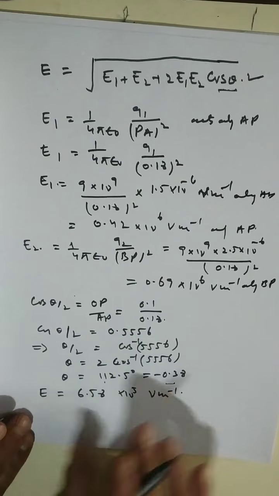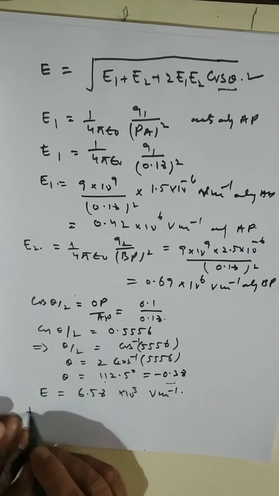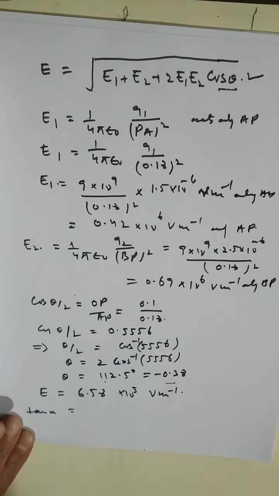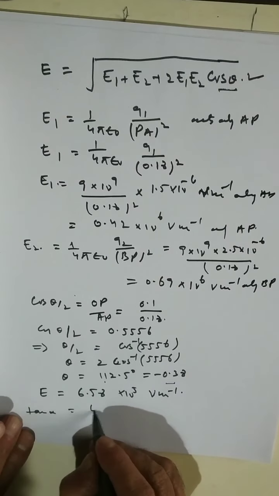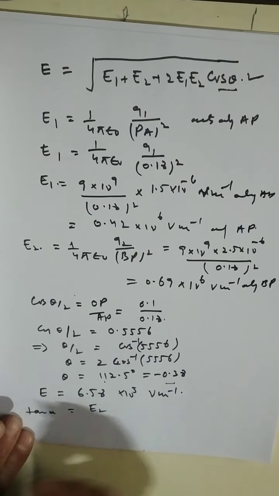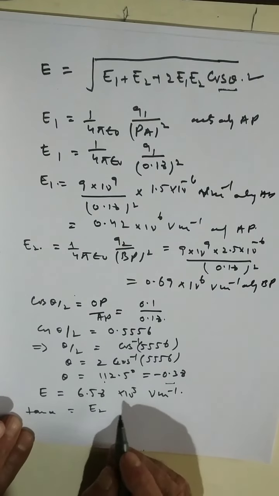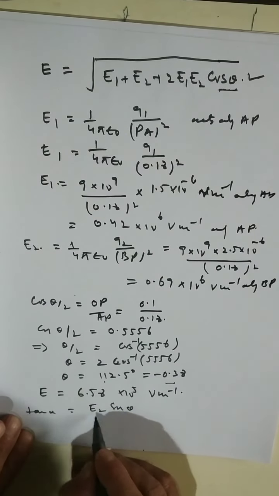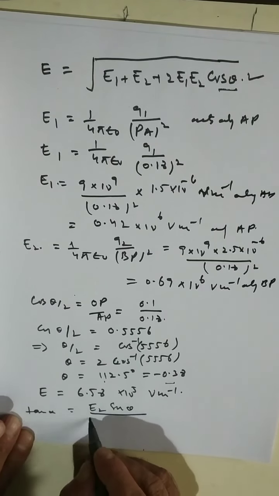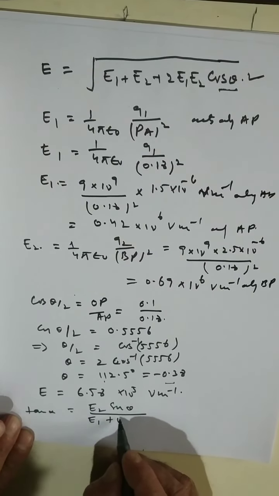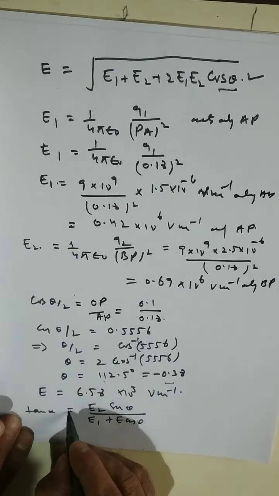Again, the direction alpha can be also calculated. Tan alpha, वही जैसे parallelogram vectors में करते हैं, equals E2 sin theta divided by E1 plus E2 cos theta, उसी फार्मूला के accordingly.